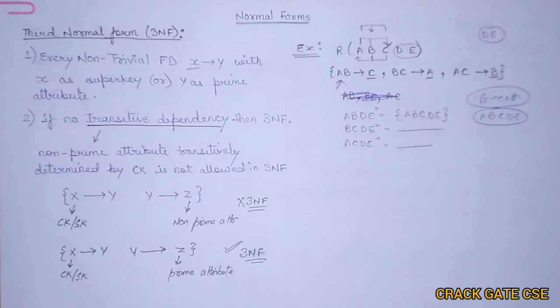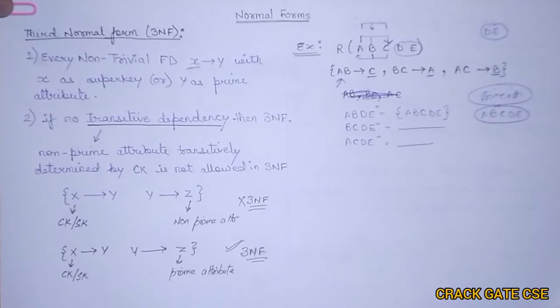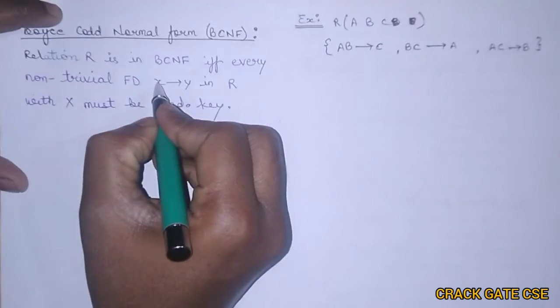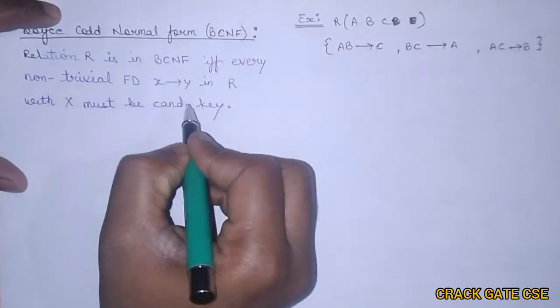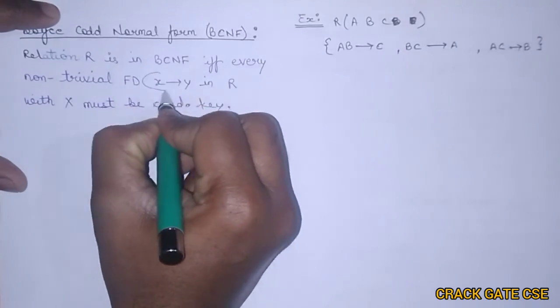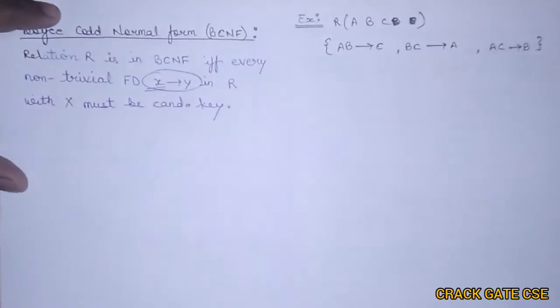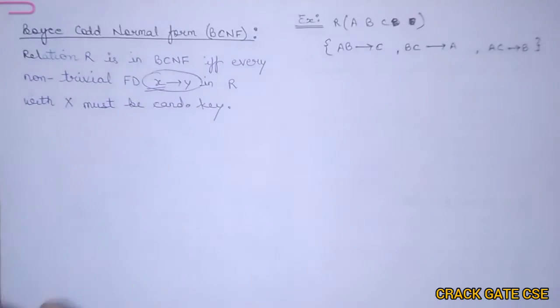Now let's go with the BCNF, that is Boyce Codd Normal Form. So in BCNF, the relation is said to be in BCNF if we talk about this particular functional dependency, then X should be a candidate key. If X is a candidate key, then it is BCNF.